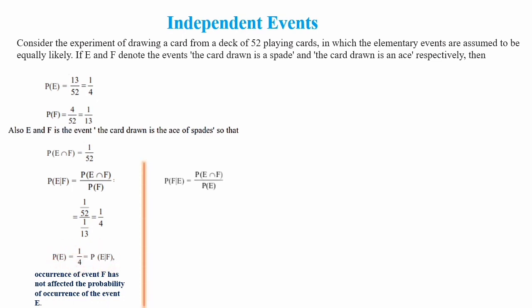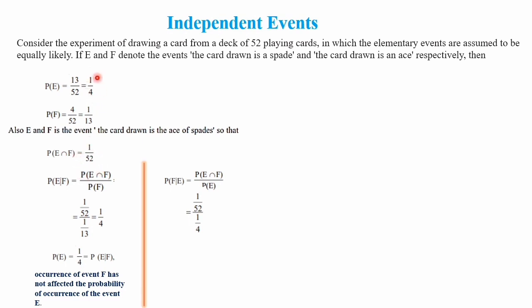Again, we can calculate P of F given E. By the formula, it is P of E intersection F, since F intersection E and E intersection F are the same, divided by P of E. P of E intersection F is 1 by 52, divided by P of E, which is 1 by 4.